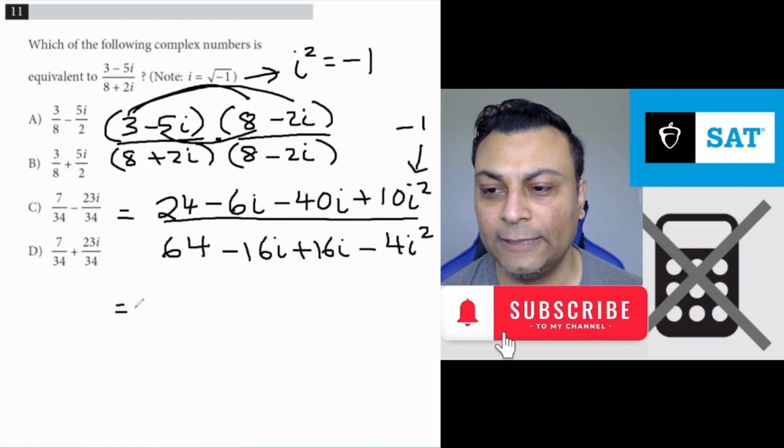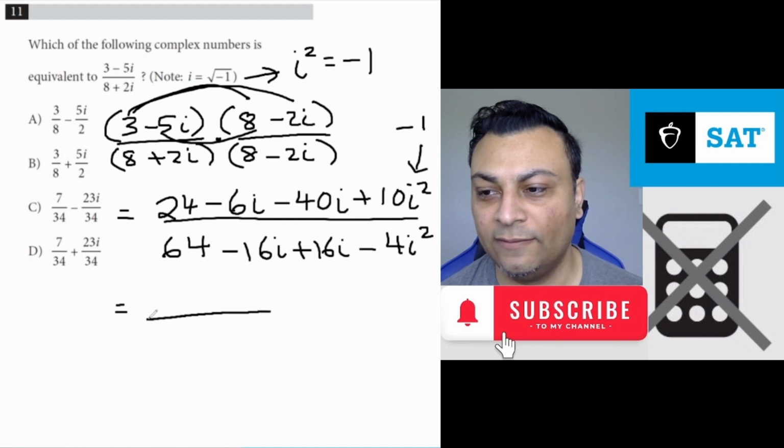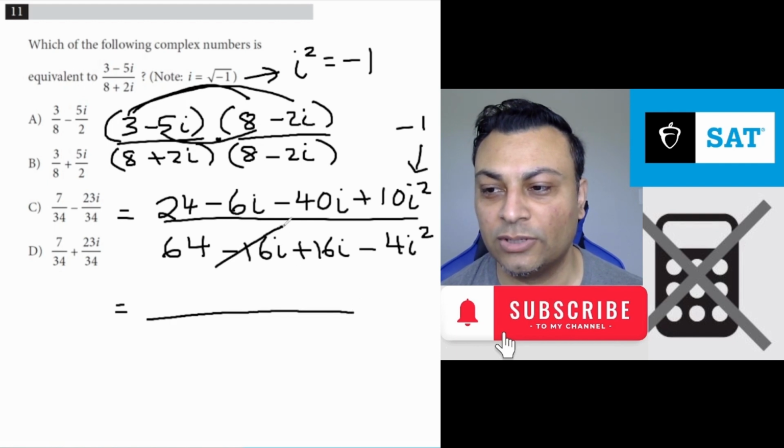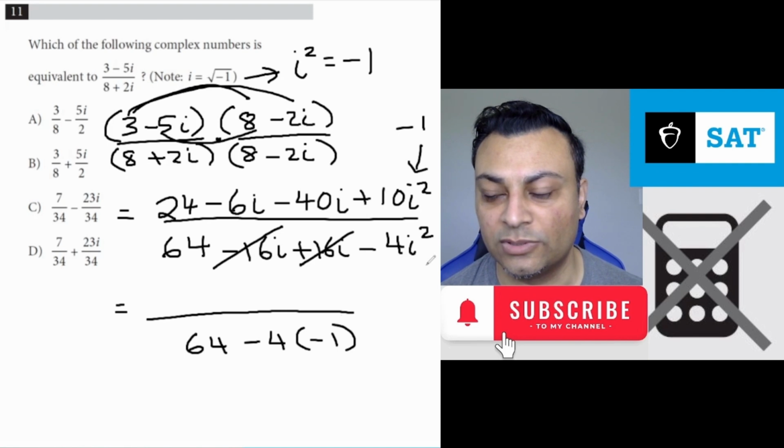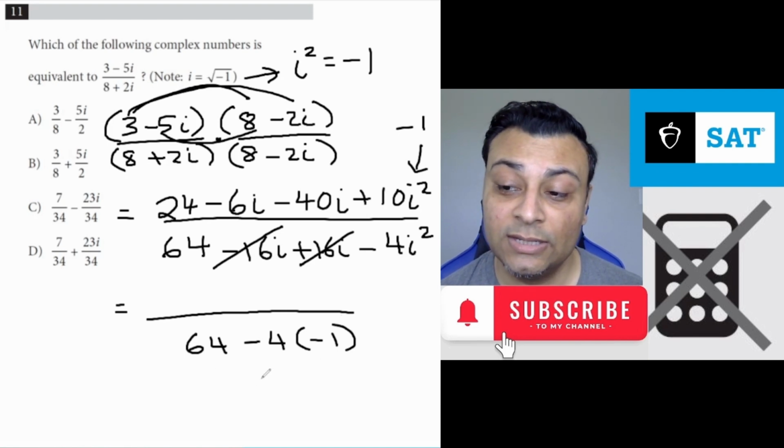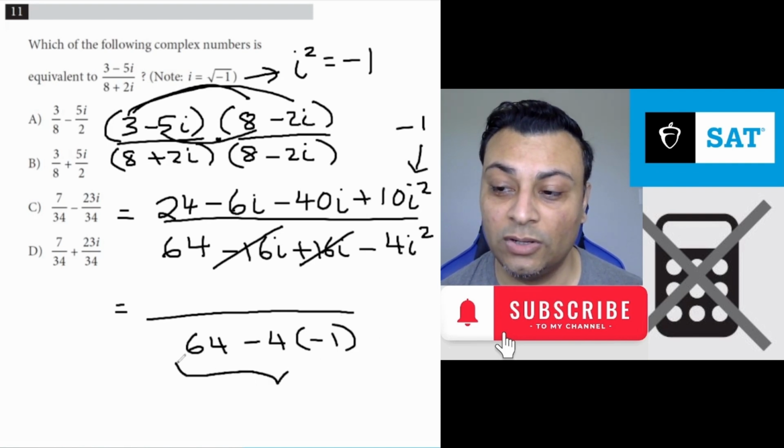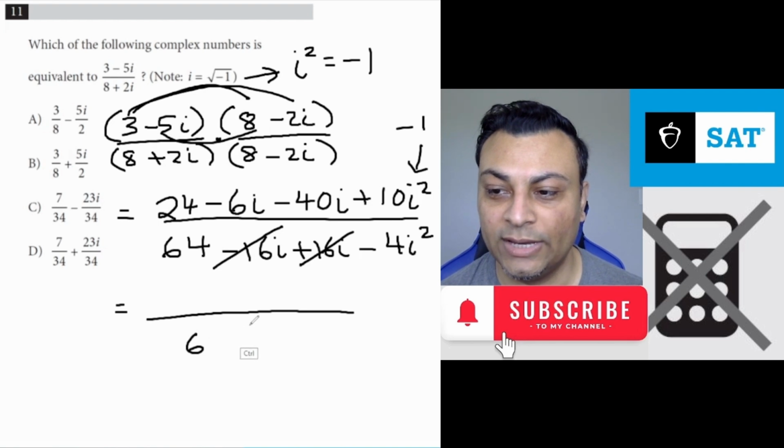So let's keep going. Let's do the denominator first. These two are going to cancel out, and you have 64 minus 4 times negative 1, because i squared is negative 1. This is 68. 64 plus 4. So let's go ahead and write that in right now as 68.